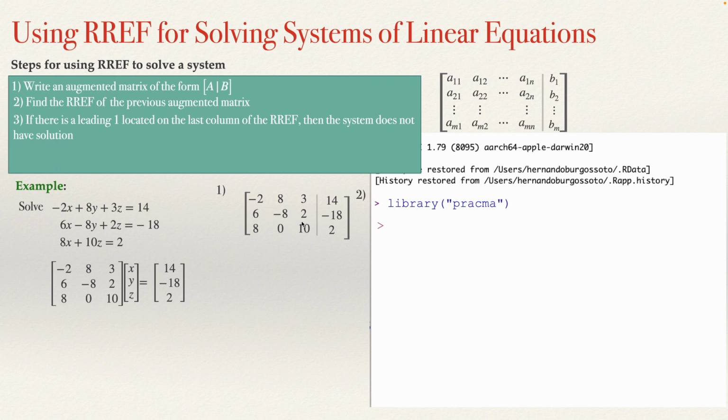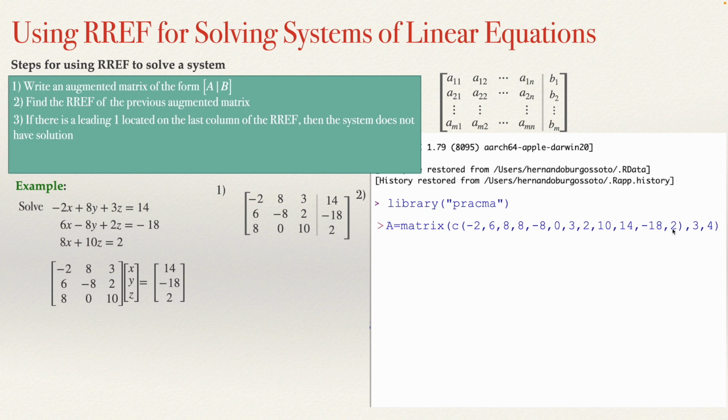You need to put a name to this augmented matrix. Let's call it A. So I call A equals matrix and all the entries, negative 2, 6, 8, etc., until the last column, 14, negative 18, 2. Don't forget to tell R the number of rows and number of columns. In this case the entries are negative 2, 6, 8, 8, negative 8, 0, 3, 2, 10, 14, negative 18, 2.